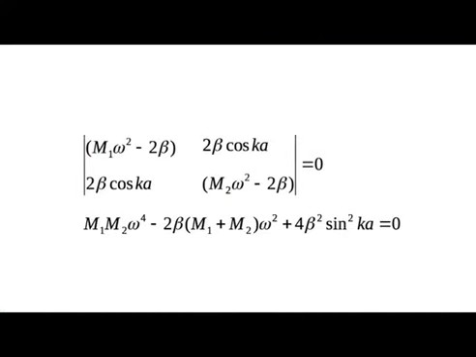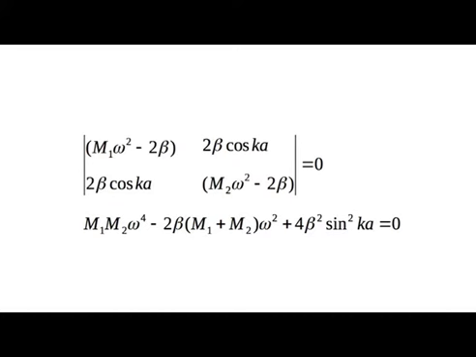Both these expressions, 15a and 15b, are a set of linear equations, and therefore, they will give a non-vanishing solution of A and B only if the determinant of coefficients of A and B vanishes, right. So, we evaluate the determinant, and that comes to be M1 M2 omega raised to 4 minus 2 beta into M1 plus M2 omega squared plus 4 beta squared sin squared k a equal to 0.